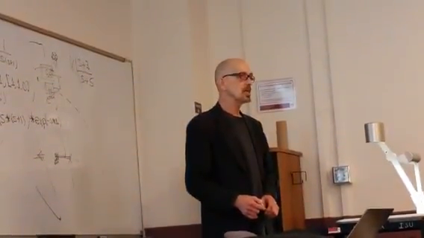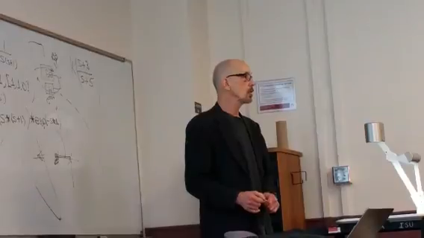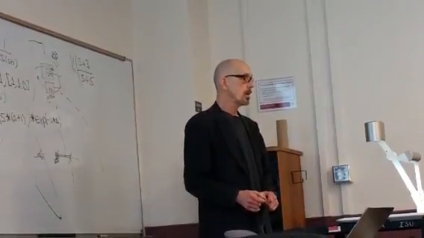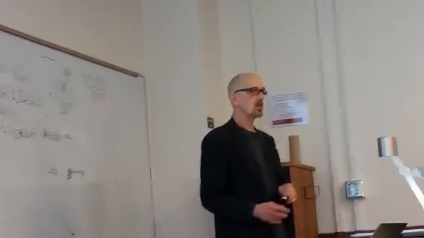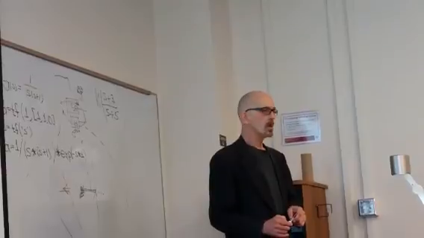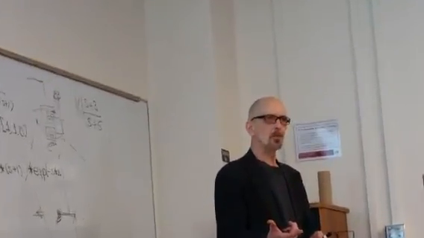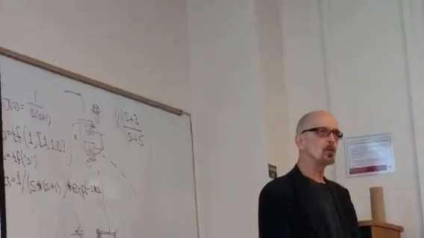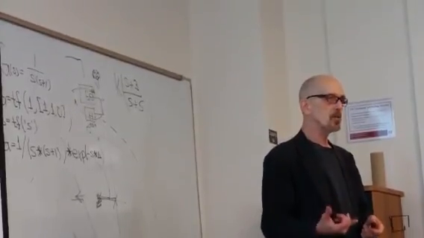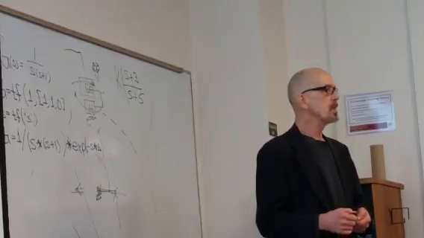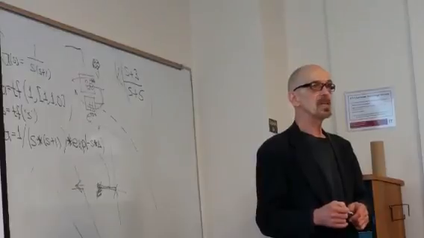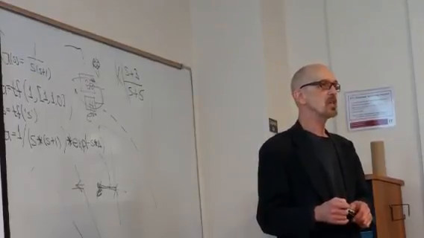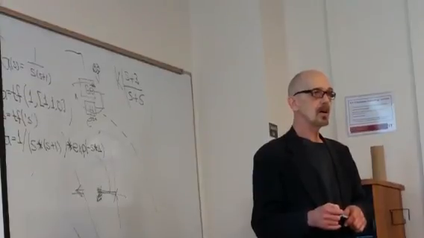GH of s is -1. That's the same as 1 plus GH of s is 0. That means that s is a closed loop root, right? A closed loop root is a value of s such that 1 plus GH is 0. Why? Because 1 plus GH is the denominator of the closed loop, and when the denominator is 0, that's called a closed loop pole. So 1 plus GH equal to 0 is the same as GH equals -1, which is the same as GH having magnitude 1 with an angle of 180 degrees.